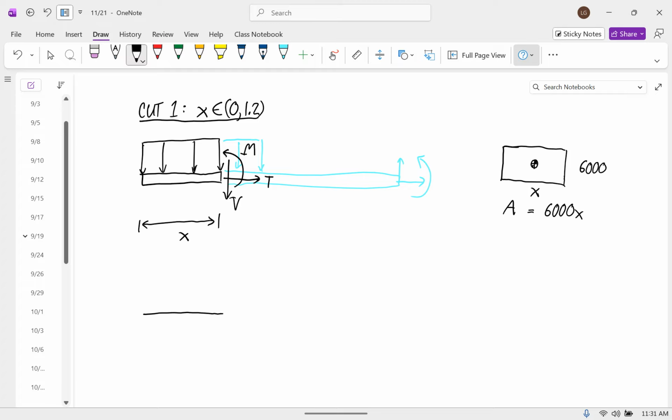And now I'll redraw this free body diagram. We're going to replace that distributed load with a point force. It acts right at the middle this time. And the magnitude of that force is 6,000x.